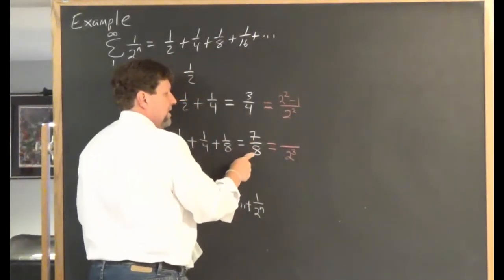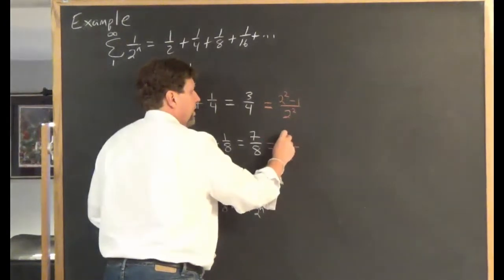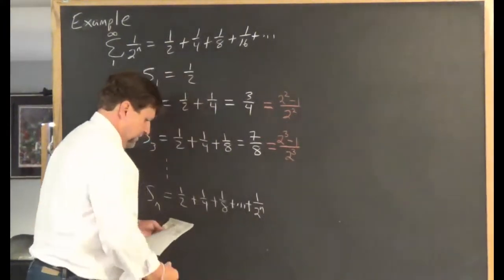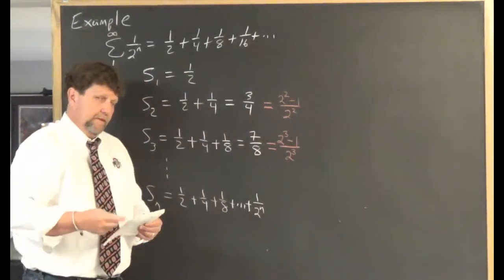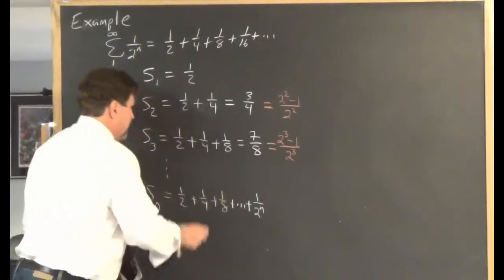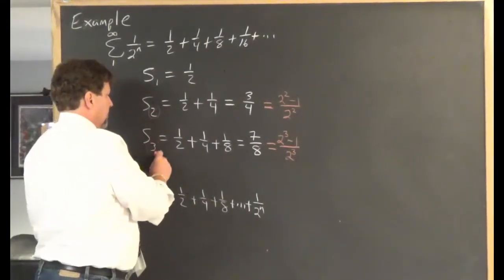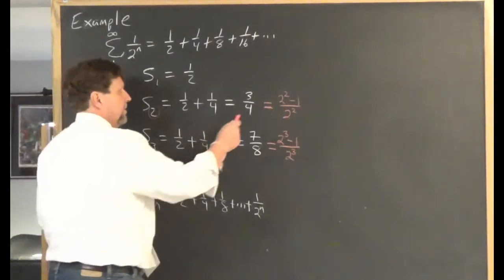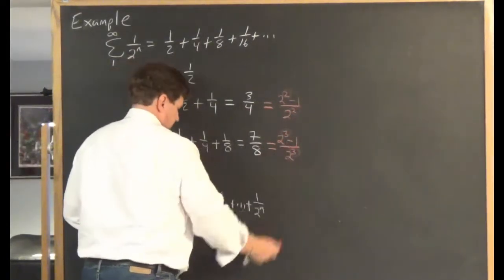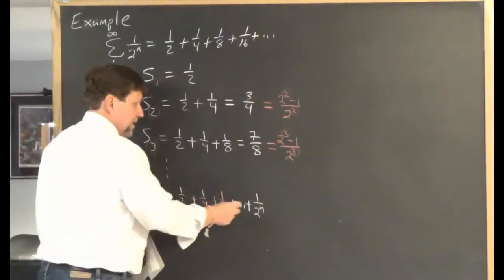Since the denominator is 2 cubed, the numerator would be 2 cubed minus 1. See the pattern in the second partial sum and the third partial sum, the exponents?